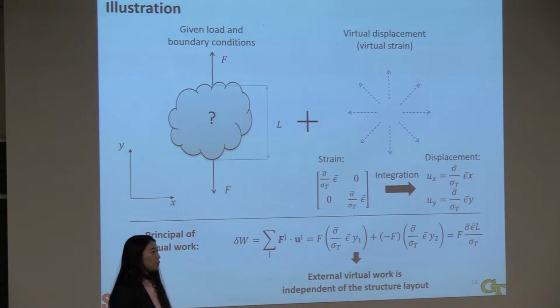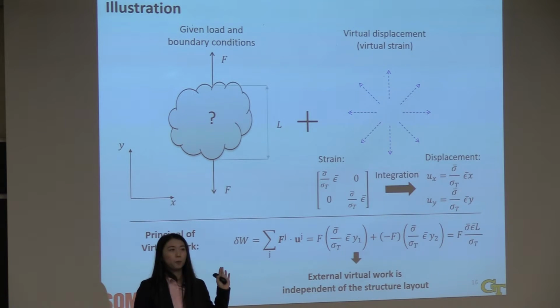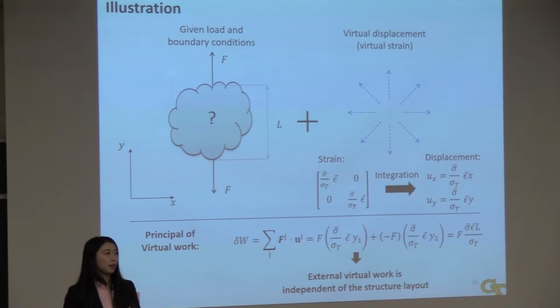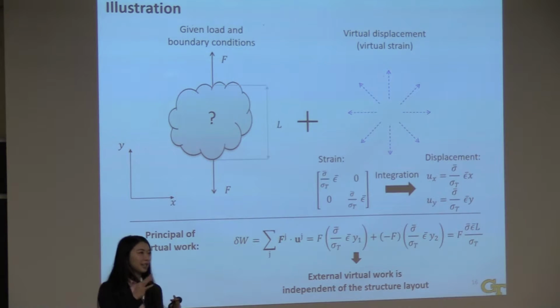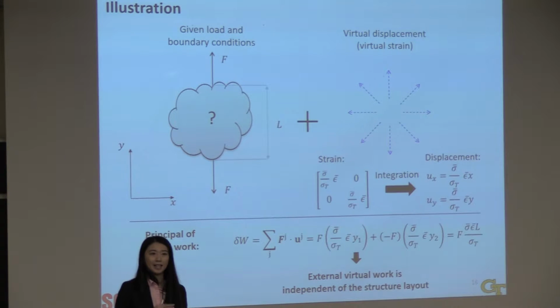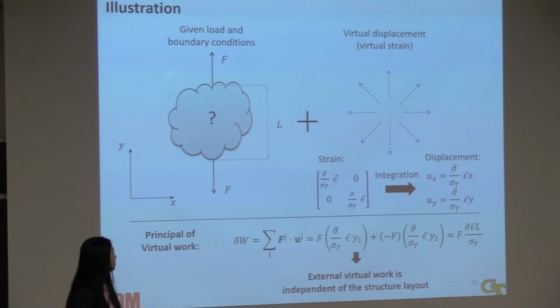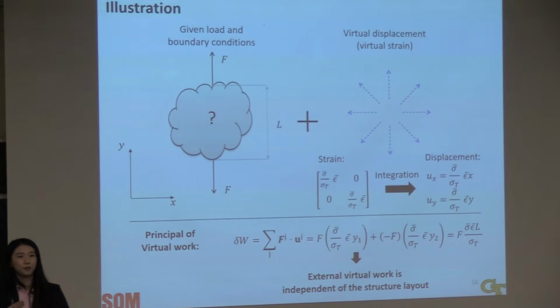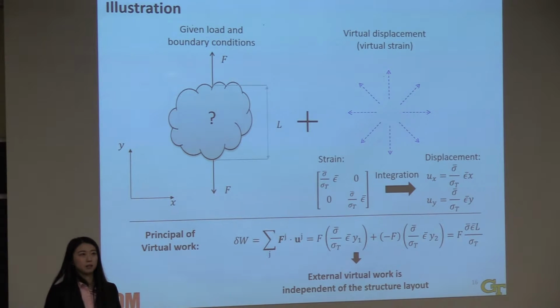So let me show you using the same example by using the virtual work. I just want to show you that the structure that satisfies this Michell condition has a smaller volume than an arbitrary truss. So what do we need to calculate the external virtual work? It is indeed a set of external forces and virtual displacement.